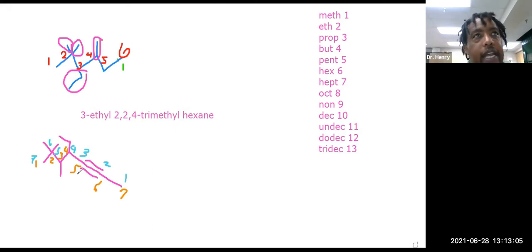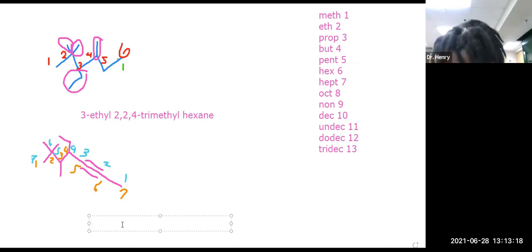Okay, now knowing that, how would I name this guy? So it's a 7 carbon with a triple bond. Since it's 7, it's going to be hepta.